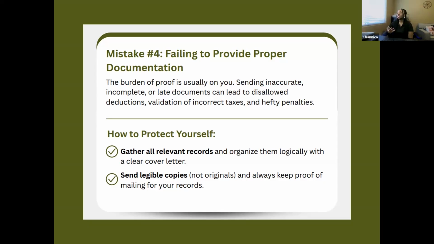And I hate to even have to say that, but always keep proof of mailing whatever you mailed to the IRS for your records. Because I don't know if you all know, but especially right after COVID, there were those big semi-trucks full of mail.